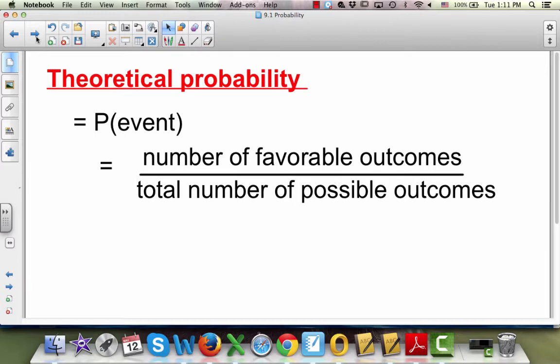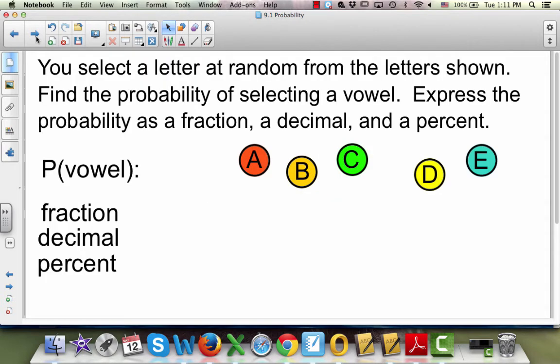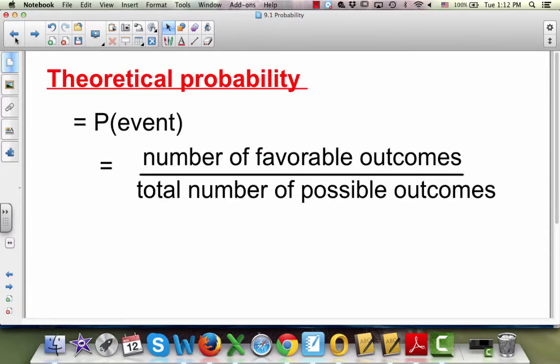For example, you might have, let me get a marker, the die.